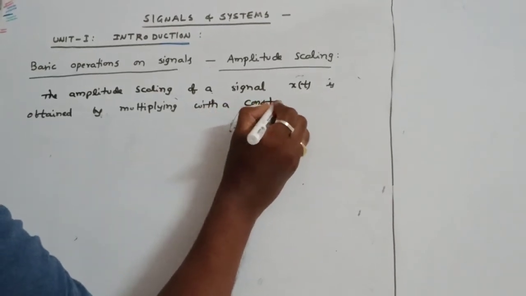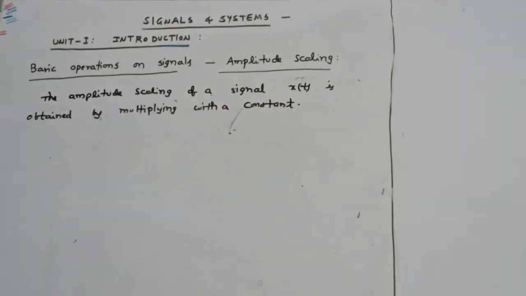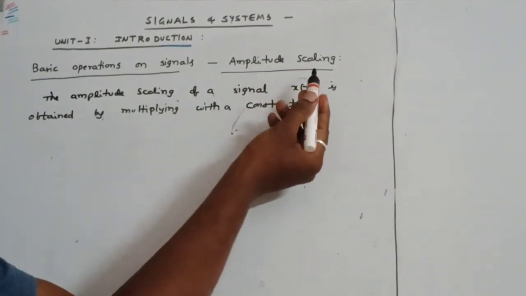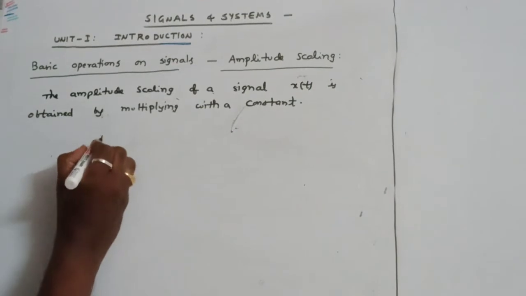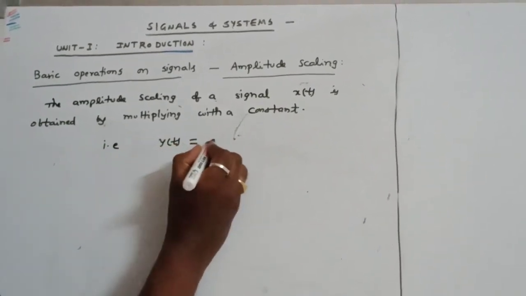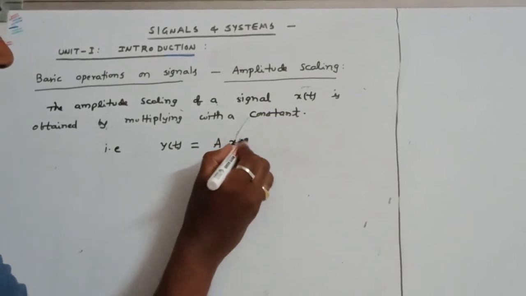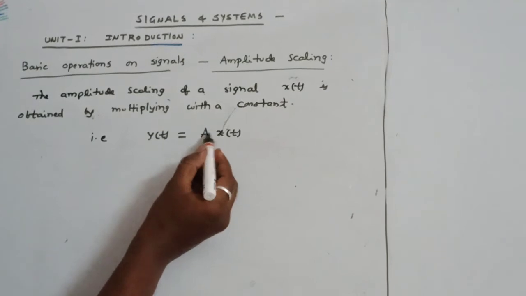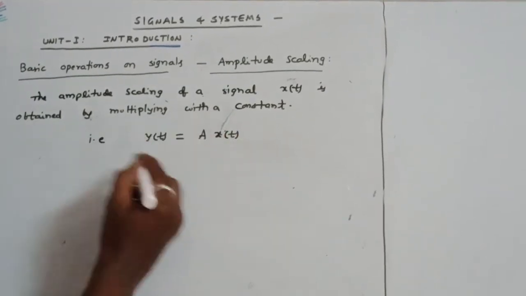So if you multiply the continuous time signal x of t with some constant, then it is called as amplitude scaling. So y of t is equal to a into x of t. Here you can see that x of t is multiplied by some constant. So this is called as amplitude scaling.